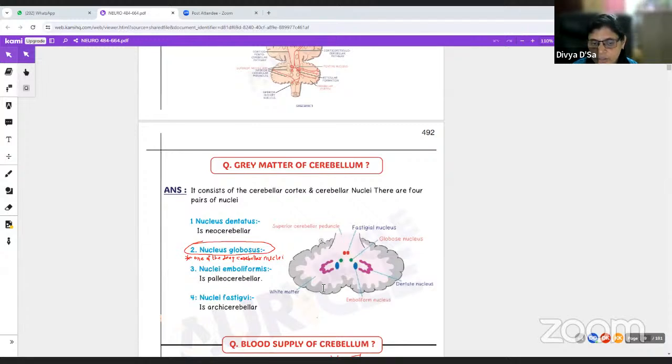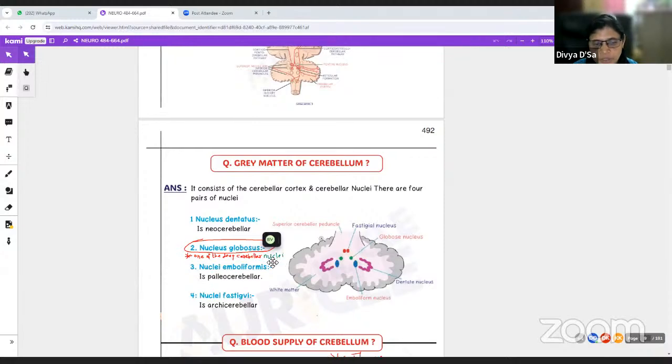The gray matter is concentrated there, and also in the central portion. The central portion we call the deep cerebellar nuclei, and that includes the nucleus dentatus, then the nucleus globosus, emboliformis, and nucleus fastigii. These two together, globose and emboliformis, we call the nucleus interpositus.